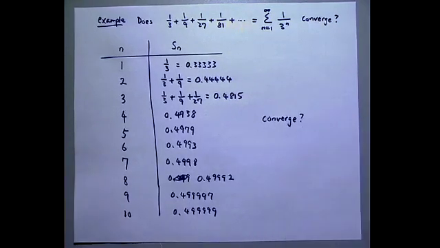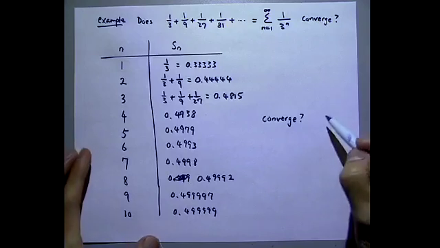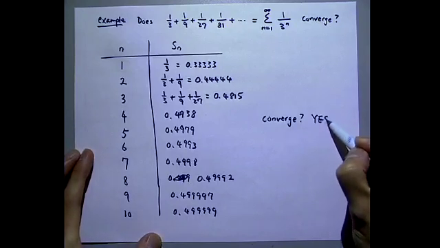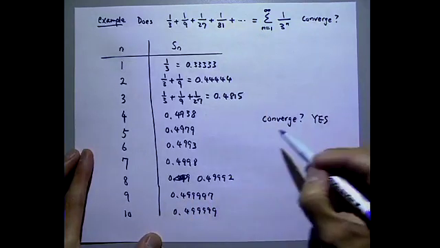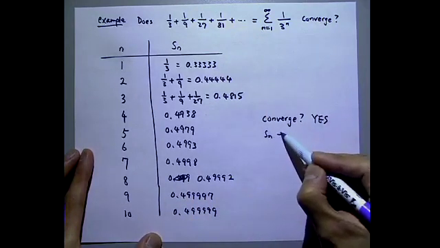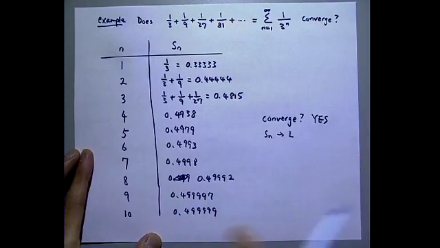So based on the behavior of these partial sums, and based on the definition of a convergent series, what is your conclusion here? Yes, it does converge, because these numbers look like they're approaching some kind of limit.